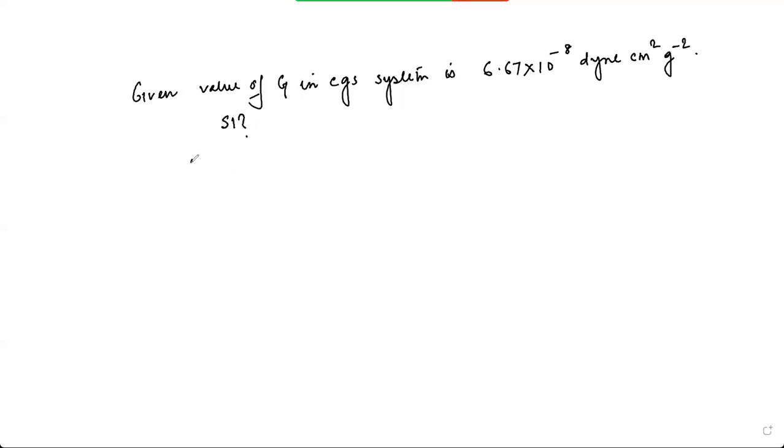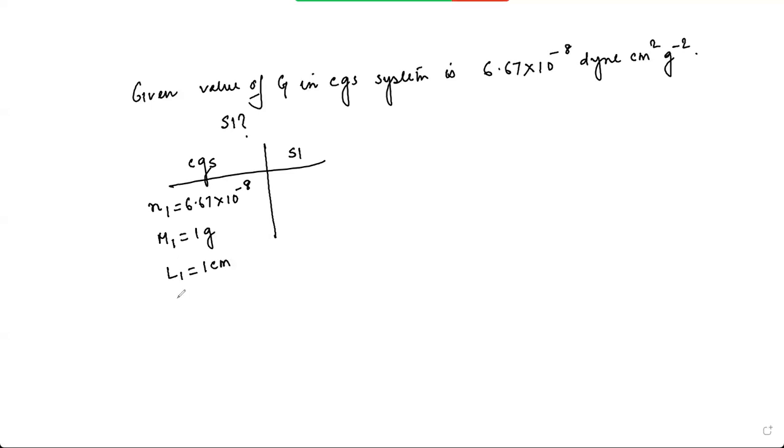First, all the values are given in CGS system. We have to convert it into SI system. So the value of G in CGS system is 6.67 into 10 to the power minus 8. The value of M1 is 1 gram, L1 is 1 centimeter, and T1 is 1 second.